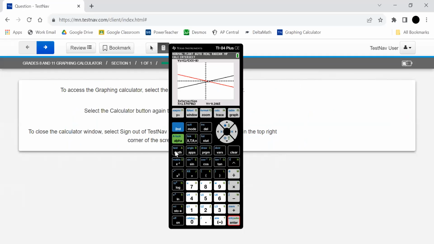In this case, I'm just going to reset this whole calculator. Second plus, option 7, option 1, option 2. I now know that I'm in radians and my graph is back to everything as normal. So now we can't plug in 4y cubed minus y squared minus 32/27 equals 0, but I can just put all those in terms of x and figure out the solution to that equation in terms of x.